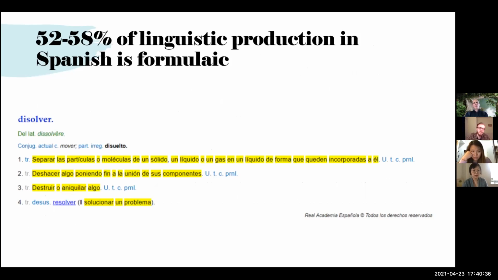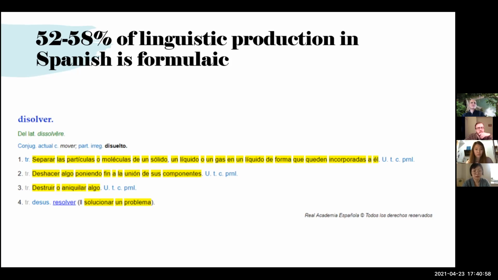In Spanish, 52 to 58% of linguistic production is based on chunks. Let's take a look at this example. The verb to dissolve, which in Spanish is disolver. Disolver changes a lot based on what chunk we are mixing the verb with.